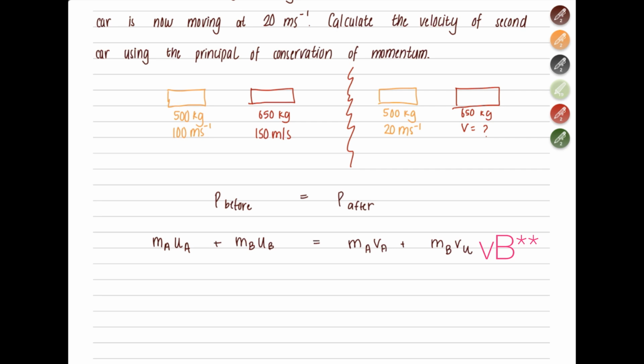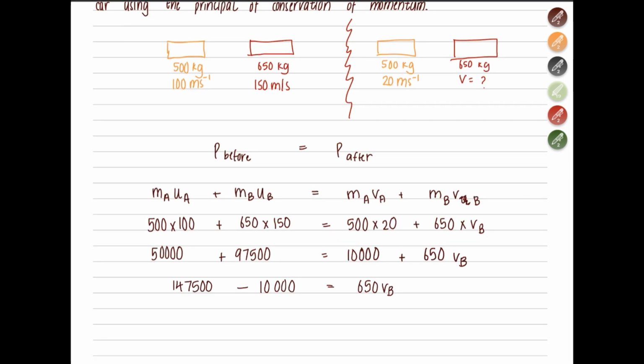So let's plug in our values. It's going to be 500 multiplied by 100 plus 650 times 150. This equals 500 times 20 plus 650 times VB. This is B, okay? We added them and we got 147,500, and we move this one here, it becomes minus.